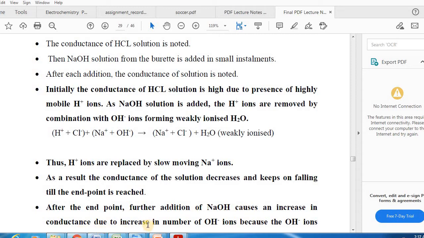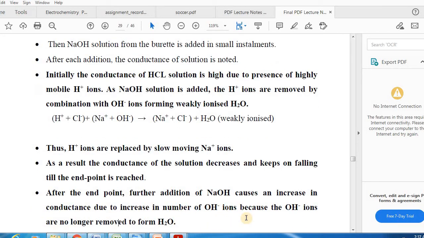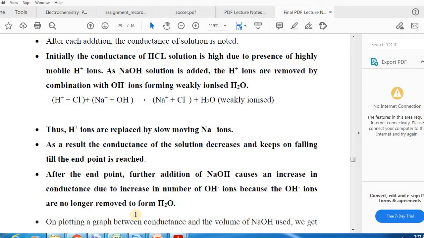The reason is the increase in the number of OH- ions, because the OH- ions are no longer neutralized by H+ ions in the solution.